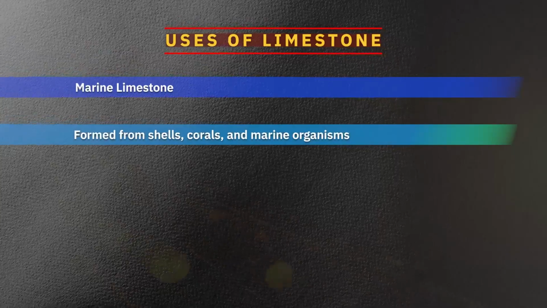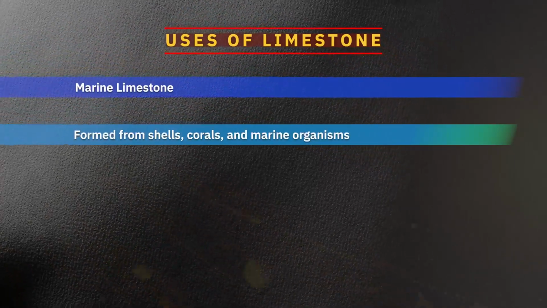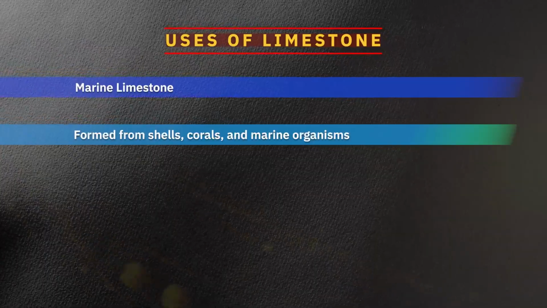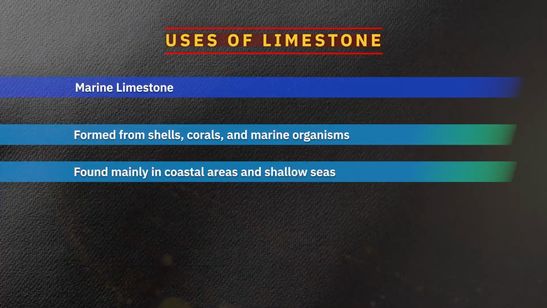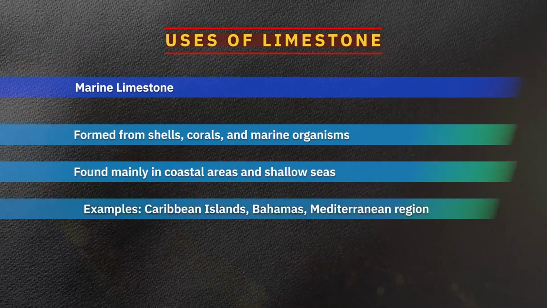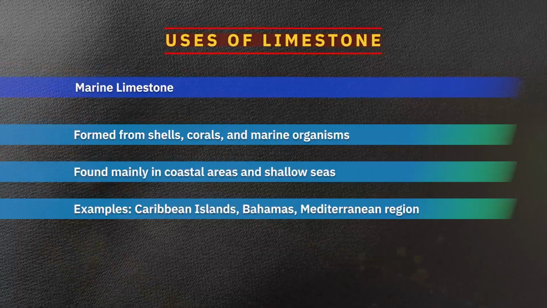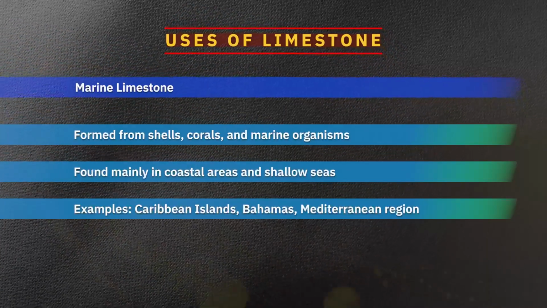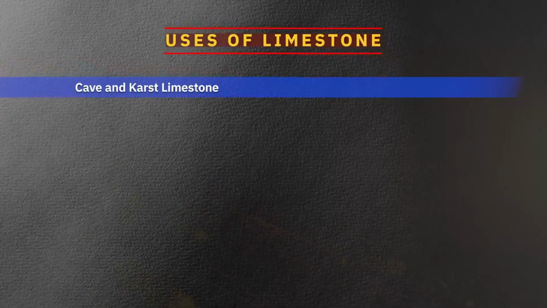Marine limestone is mainly formed from shells, corals and different marine organisms, and it is mainly found in coastal areas and shallow seas. For example, the Caribbean islands, the Bahamas and the Mediterranean regions. Number 2 is cave and karst limestone.